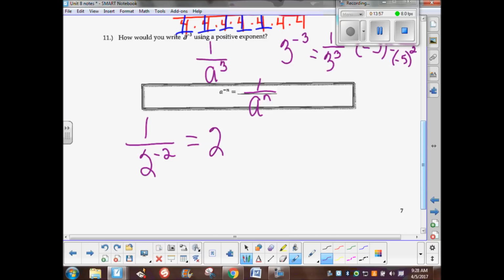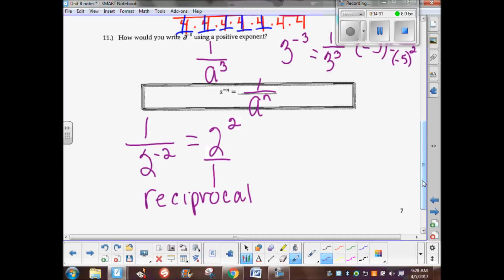Mic drop. He's absolutely correct. What is this? What Matt said? You swap it. What's a little bit more mathematical term? Reciprocal. Took the reciprocal. Reciprocal is flipping that fraction. You take the reciprocal of the fraction, right? And it's positive.